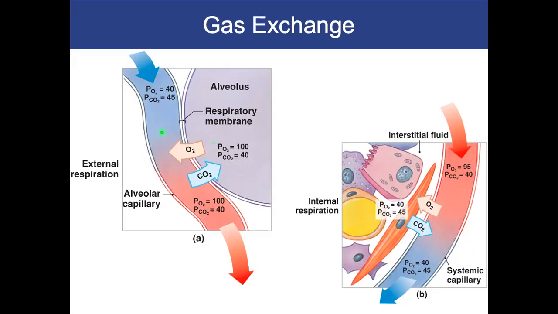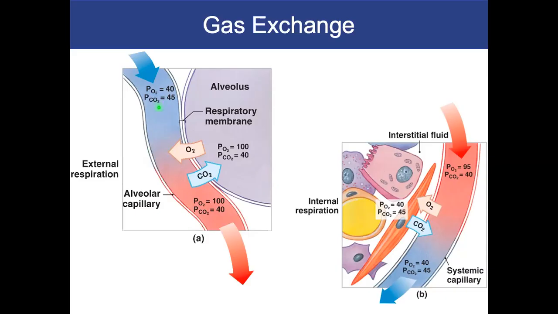And the evidence for this is that there's not much flux in CO2 levels. CO2 levels are going to be around 40 to 45 units, whether we're talking about arterial blood versus venous blood. And so this suggests to me that it's highly regulated.